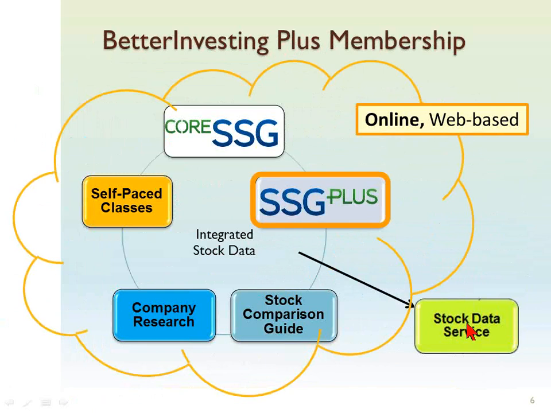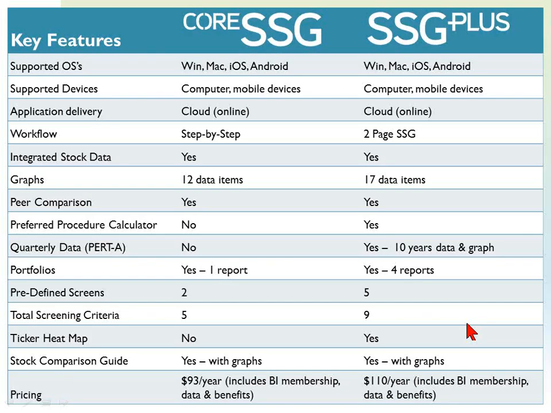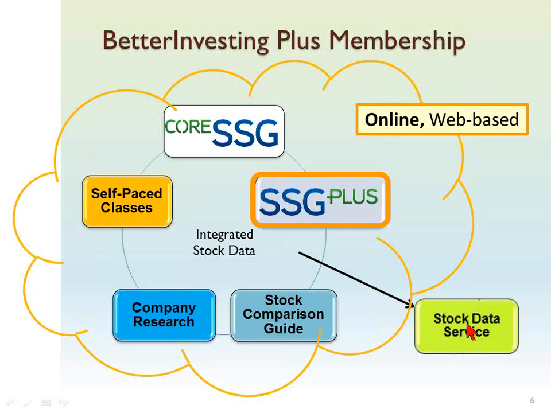And I have to tell you that a lot of people have access to this SSG Plus tool and don't even realize it. We do have two tools. Let me back up a little bit. We have a core SSG tool that is an awesome step-by-step way of learning the stock selection guide methodology, which is helping find quality growth companies and then figuring out if they are trading at a reasonable price right now or what a reasonable price might be.